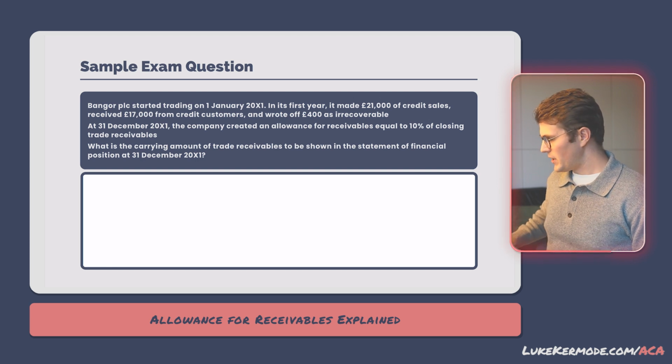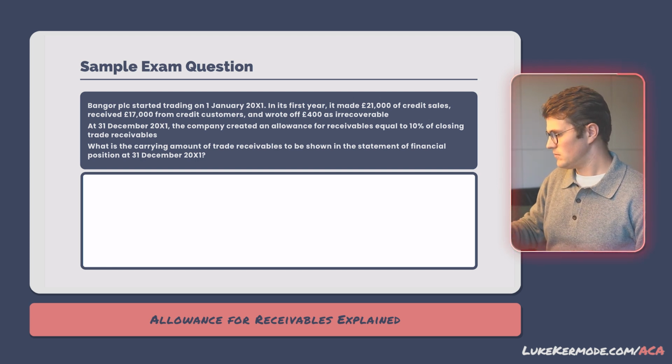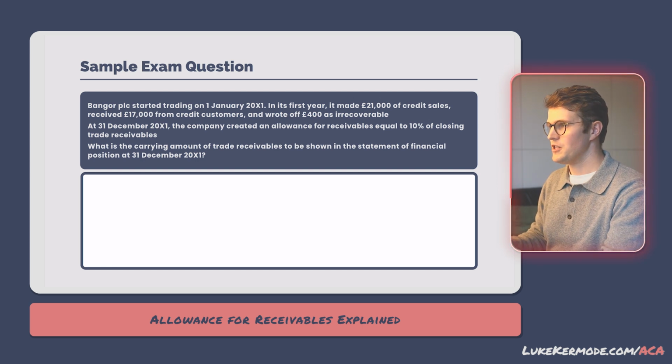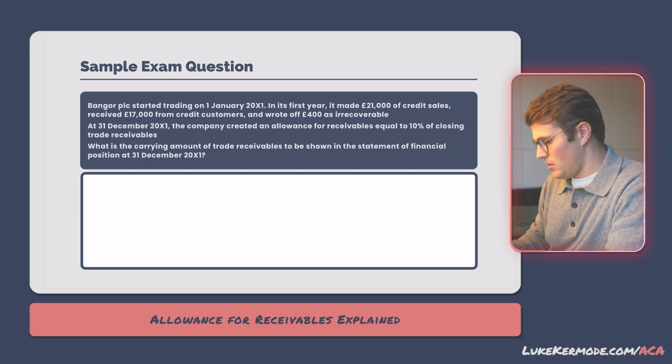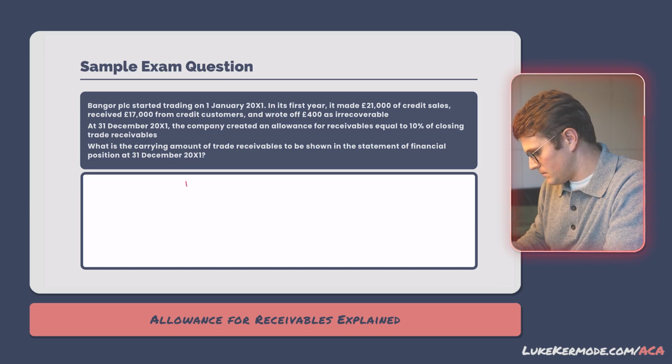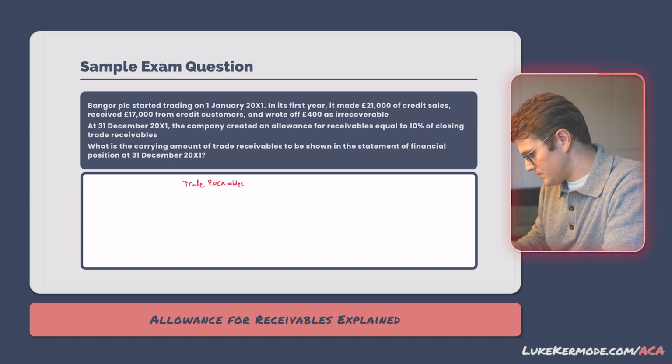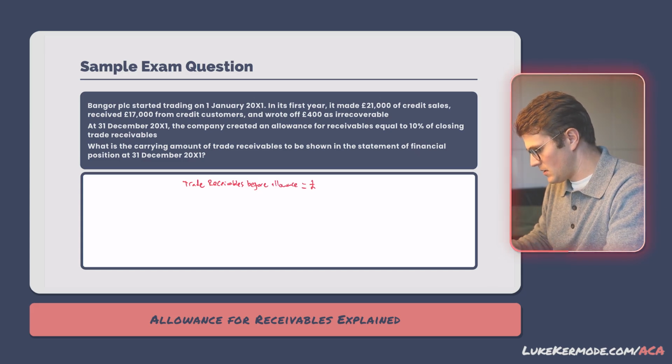So step one, we need to calculate the closing trade receivables balance before we factor in the allowance. So trade receivables before allowance: credit sales for the period.